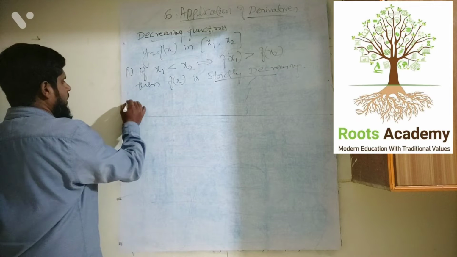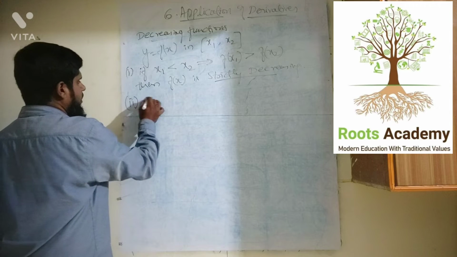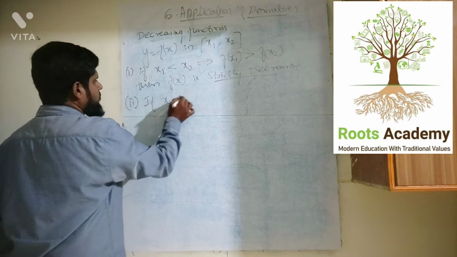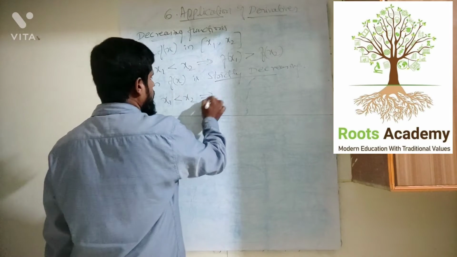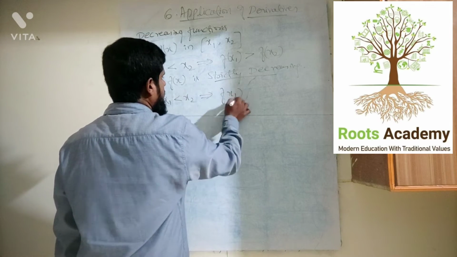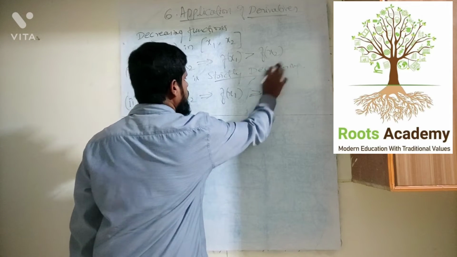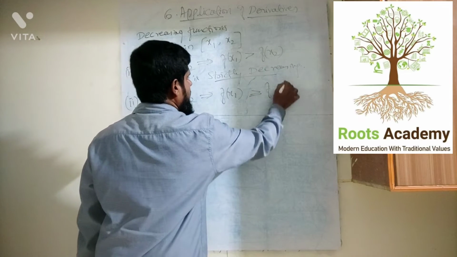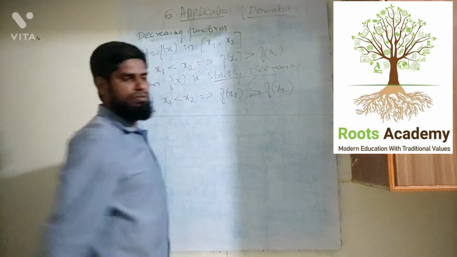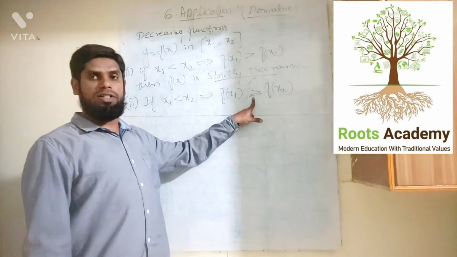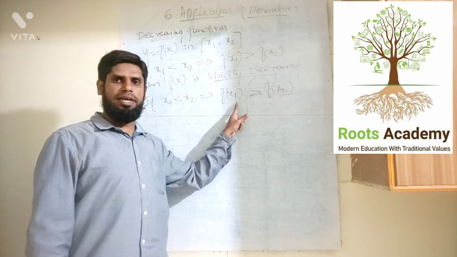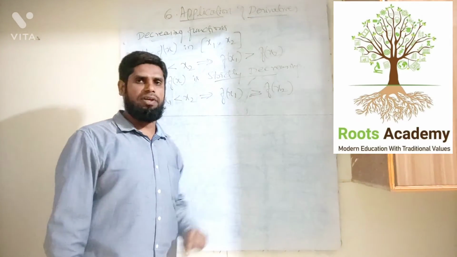The second: if x1 is less than x2, it implies f of x1 is greater than or equal to f of x2. Here I wrote equal to.